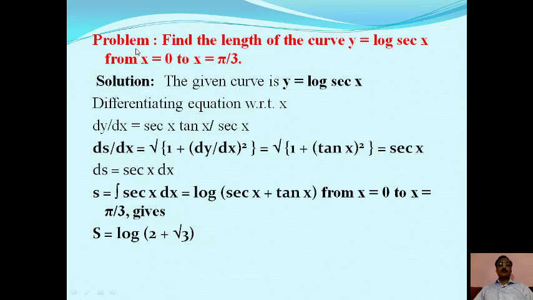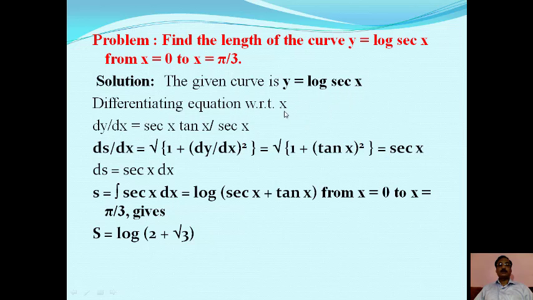Now we have a problem for the Cartesian formula. Find the length of the curve y equals log sec x from x equals 0 to x equals pi by 3. The given curve is y equals log sec x.